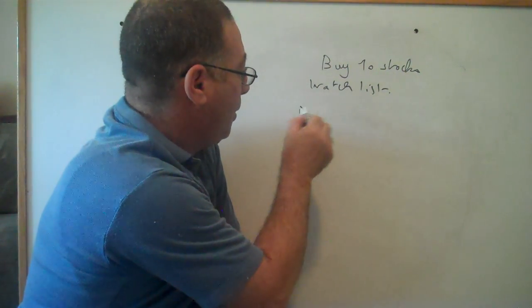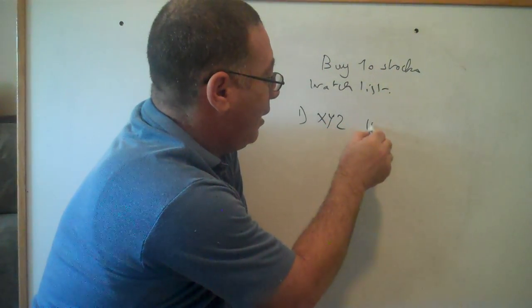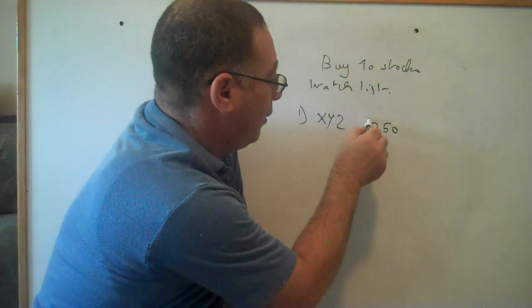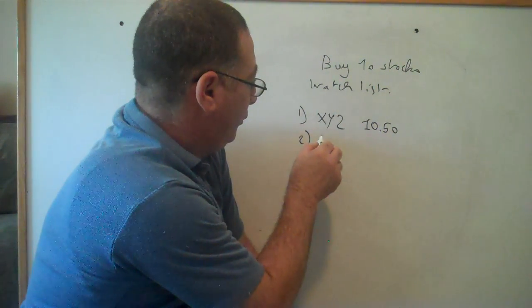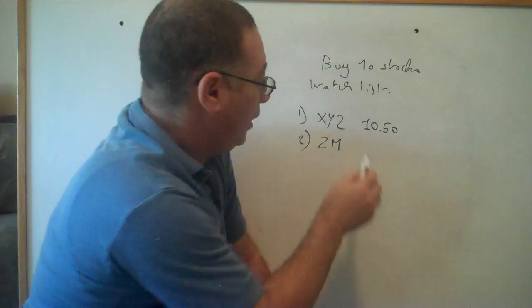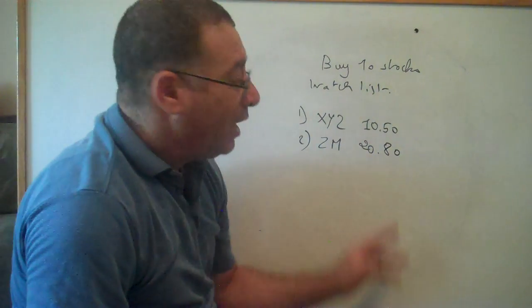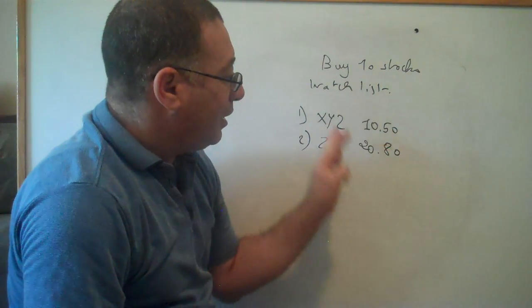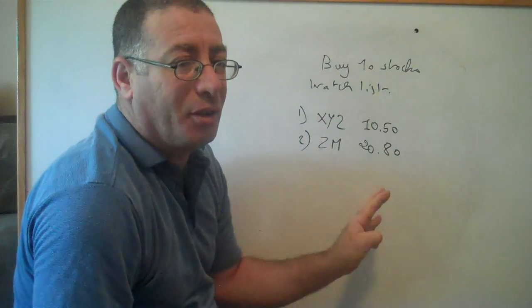So for example, stock number 1, XYZ, is $10.50. Number 2, ZM, just an example, so these are just virtual, is 20.80. Okay? So this is the price, this is the symbol. You buy 10 like these stocks.